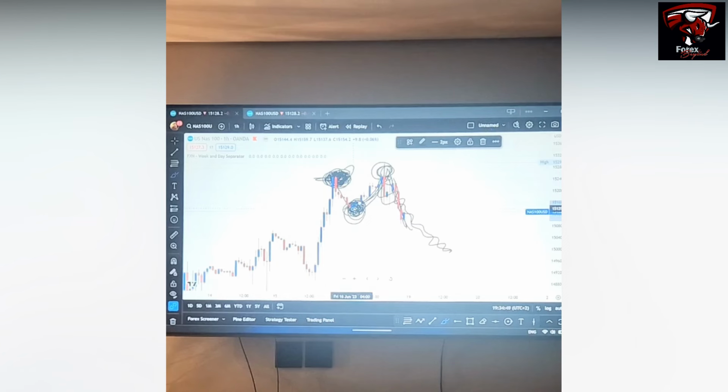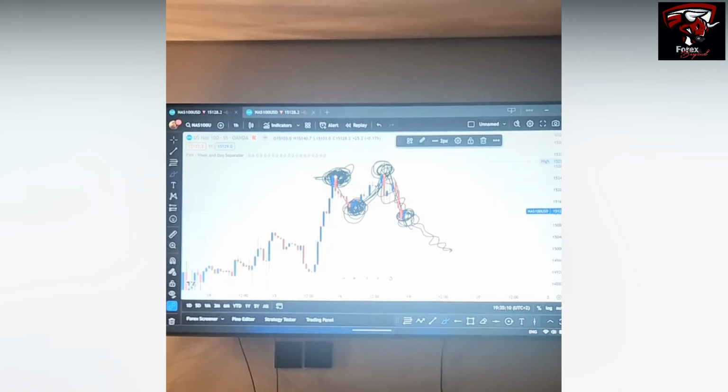This then creates money in the market that's just waiting to get taken. So what happens is, they come in, they take it. They come down, they take it. So now we've taken the sell side liquidity and we've also taken the buy side liquidity.